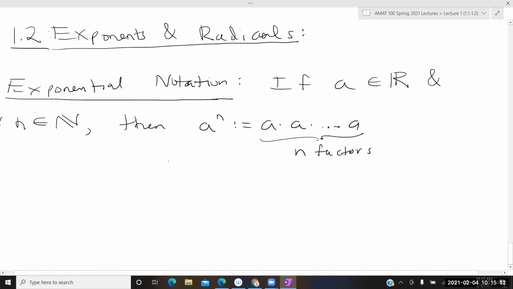And of course I'm sure we've all seen it, but we're in college level math now, so we have to be more careful about what's a definition and what's an axiom, basically. This is a definition. So a is called the base, and n is called the exponent.